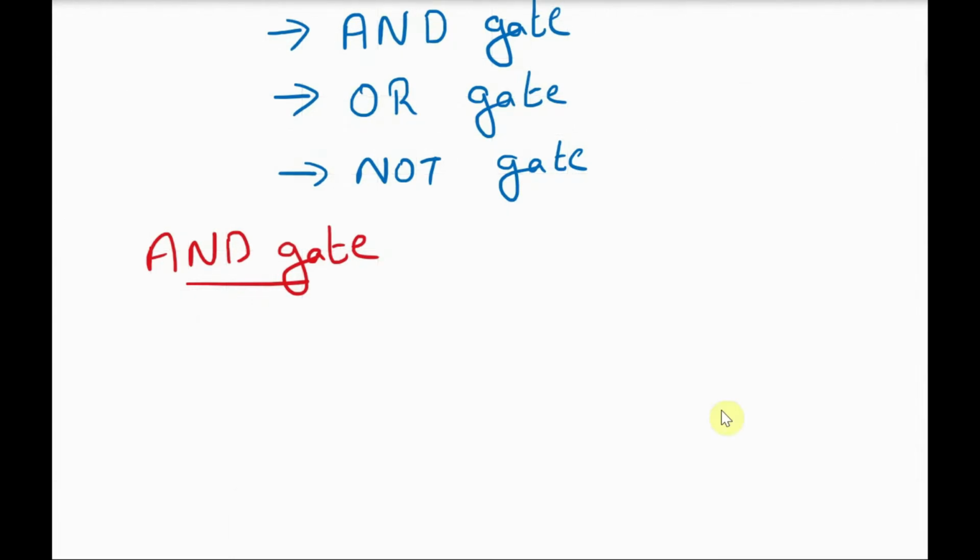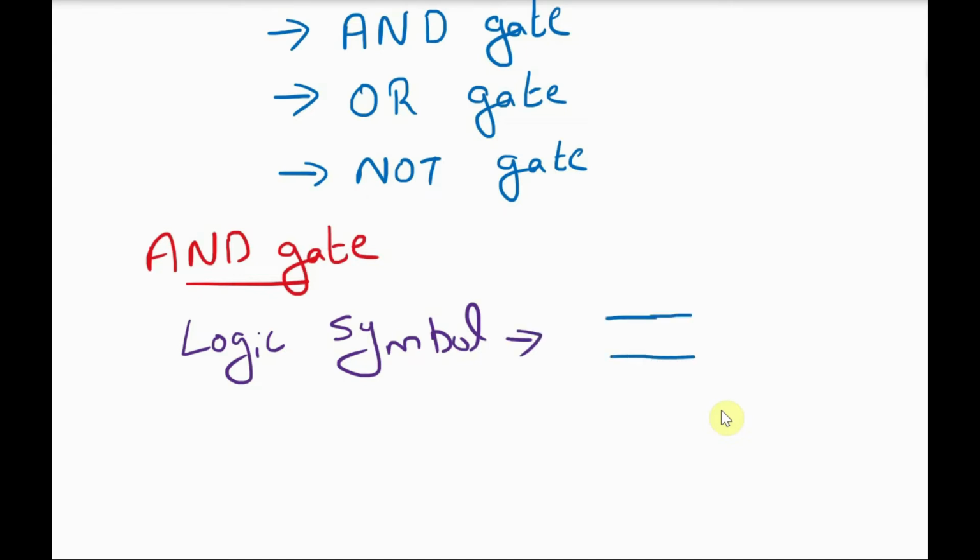For AND gate, first we have to draw the logic symbol. Logic symbol of AND gate. So we have two inputs, namely A and B, and one output, named Y. And this is how we have to draw the AND gate.